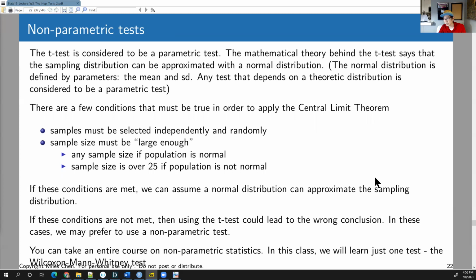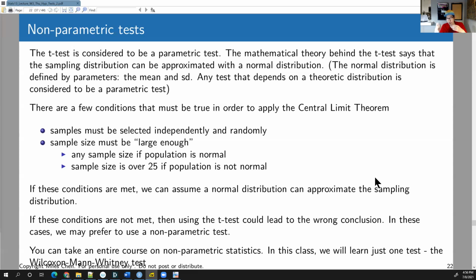The mathematical theory behind the t-test is based on the central limit theorem, right? It says that the sampling distribution can be approximated with a normal distribution.